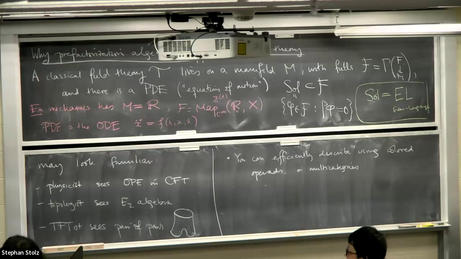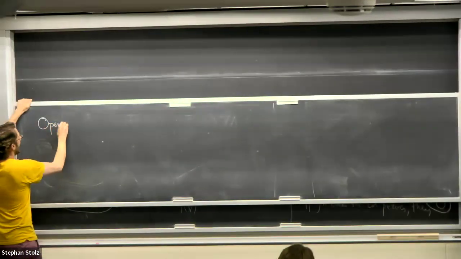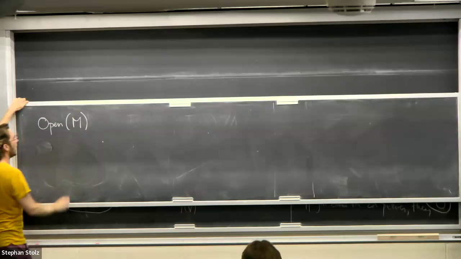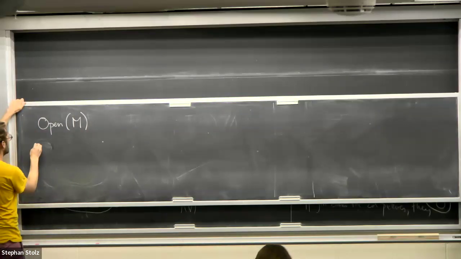Let me rephrase what's going on with this structure a little bit. So there's a category that I'll call Open(M).